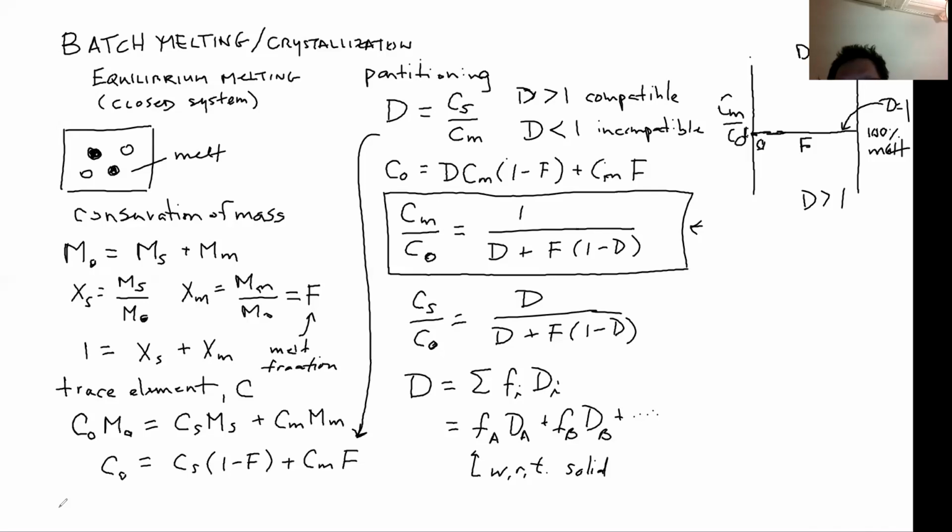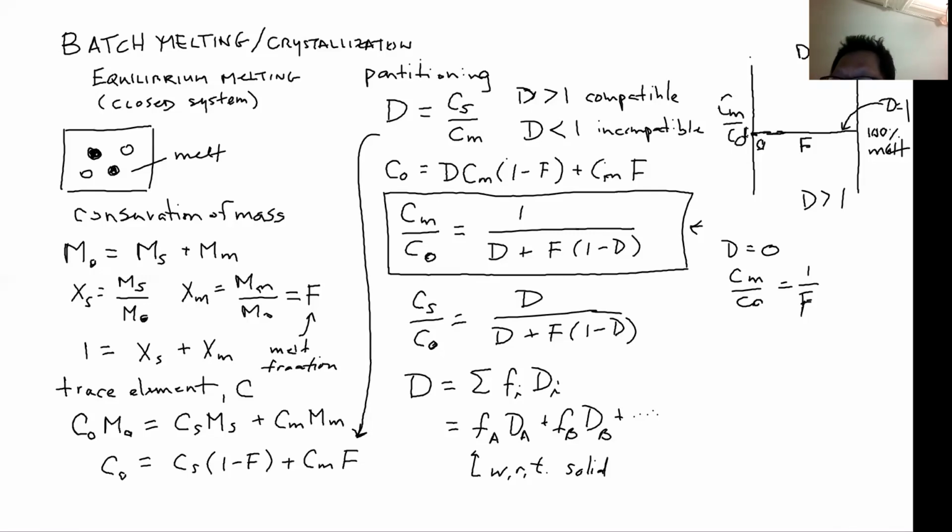Now we can consider a case where D is 0, perfectly incompatible. And when D equals 0, this equation gives Cm over C0 equals 1 over F. So the maximum enrichment that you can ever get is when something is perfectly incompatible and is controlled by the degree of how much melt you have.